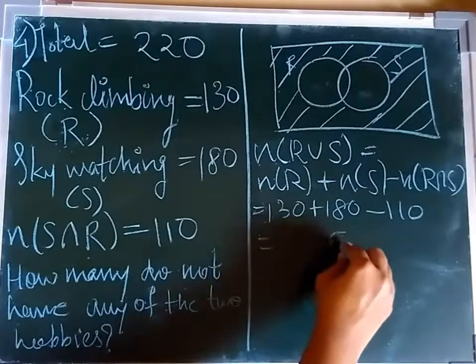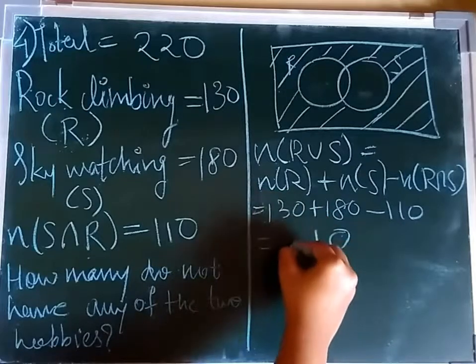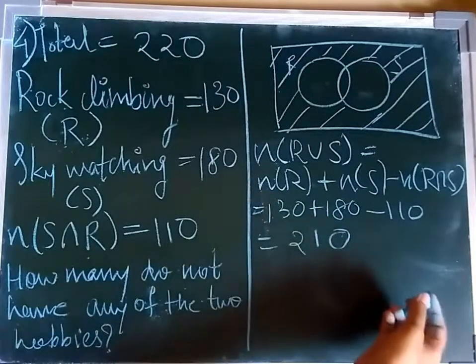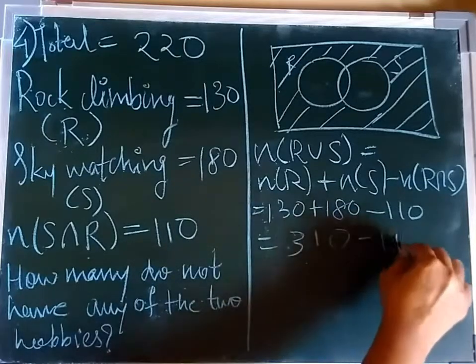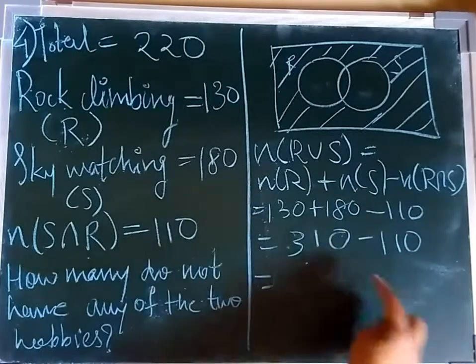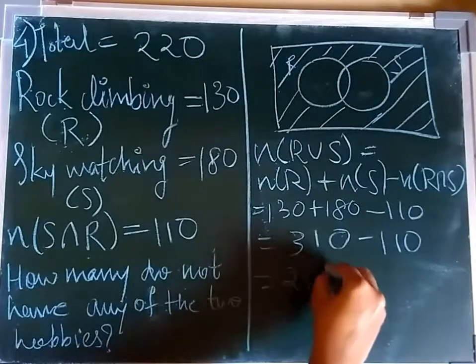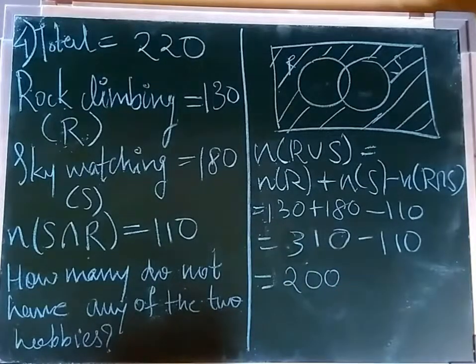So it will be 310 minus 110, 200. So 200 students have at least one hobby from it.